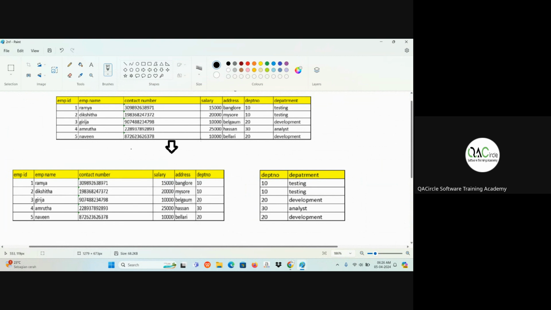It is known as transitive functional dependency.